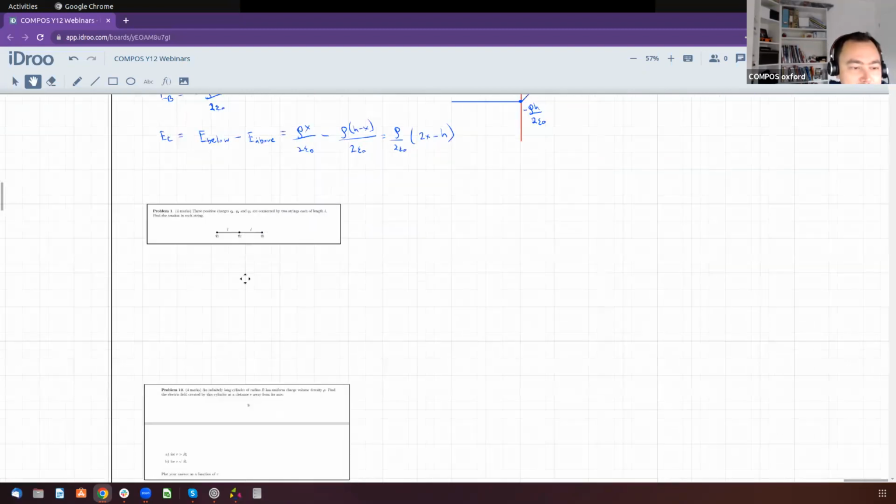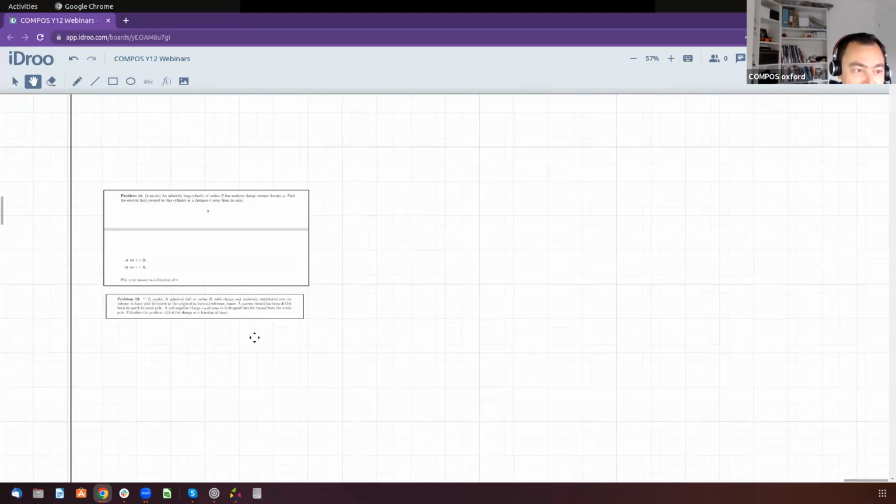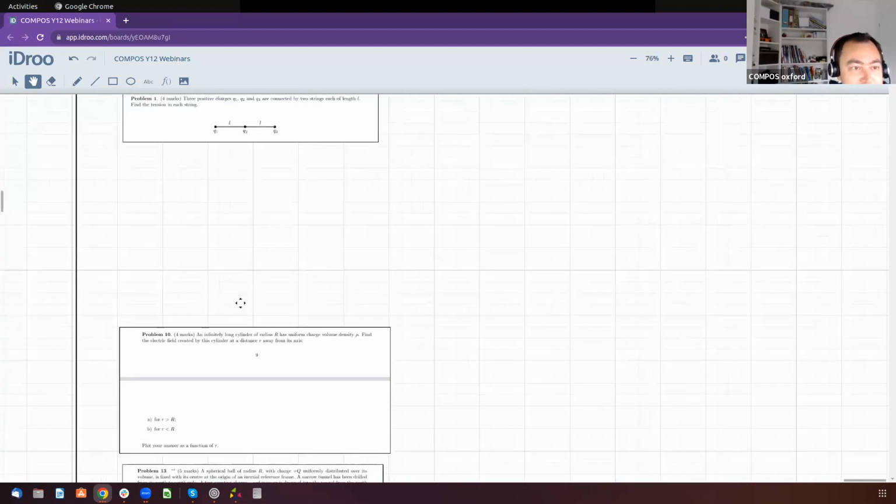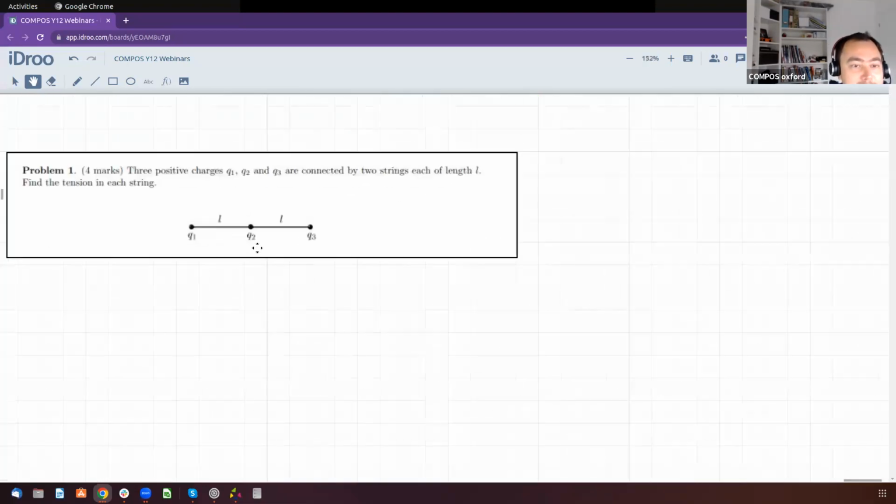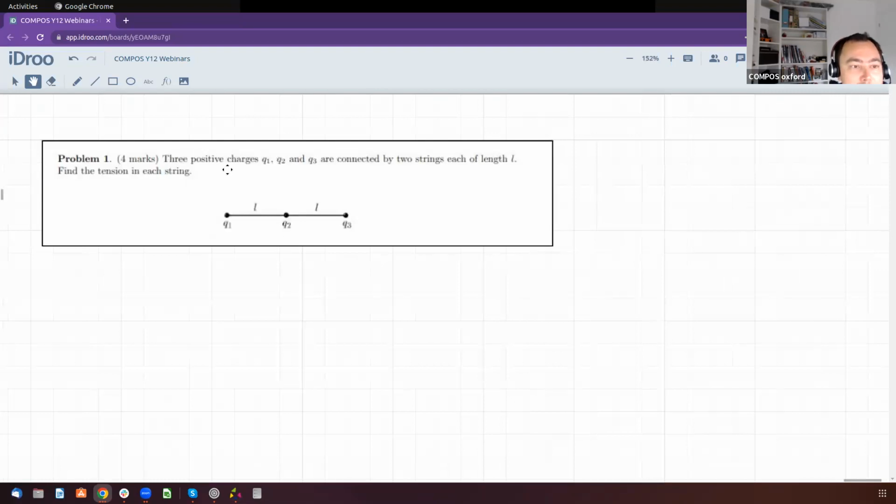Okay, so now let's look at some of the questions from the actual assignment. The first one: three positive charges connected by two strings. Find the tension in each string. So you look at Q1.